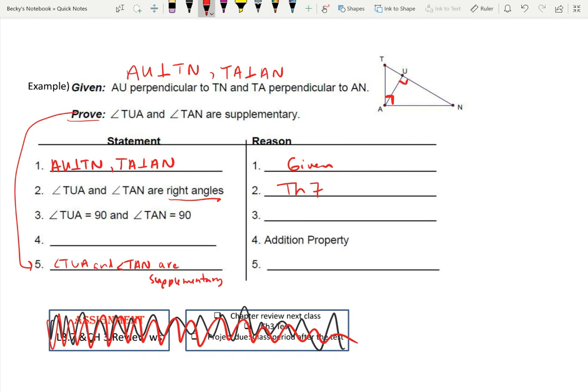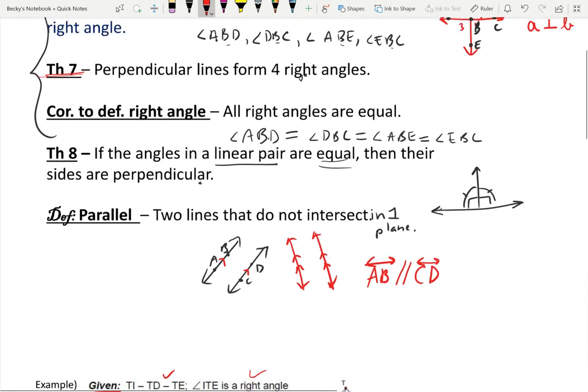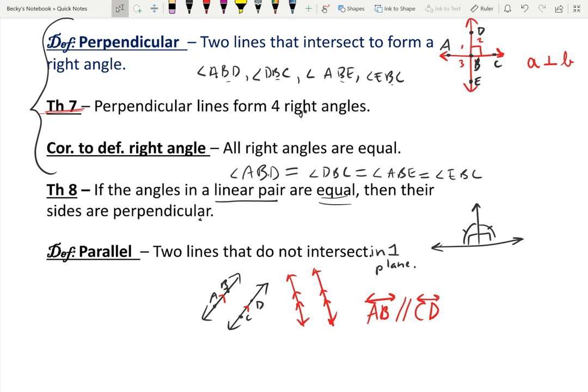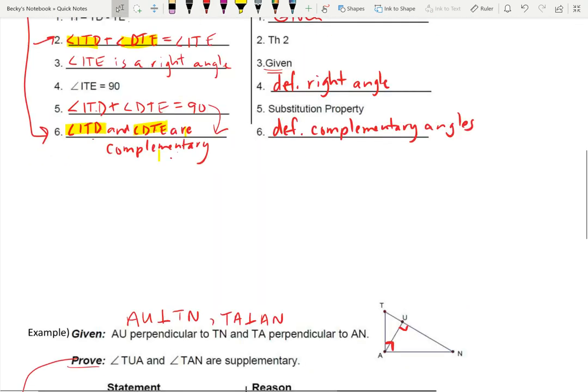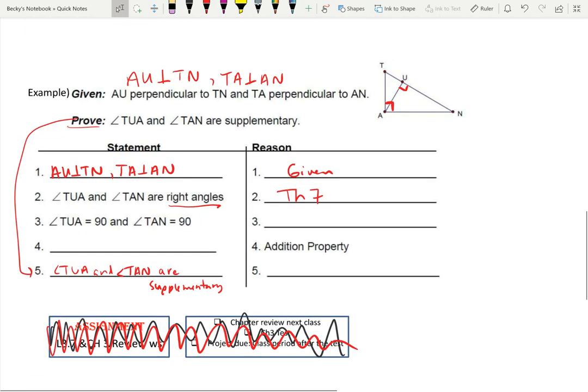Now, how do I know right angles equal 90 degrees? This is tricky, because let's go back up and look at the corollary that all right angles are equal. Is that what we're using? Is it the same situation? Are we saying this right angle is equal to this right angle?